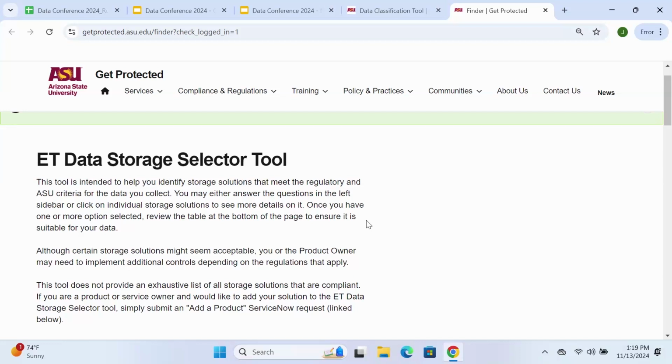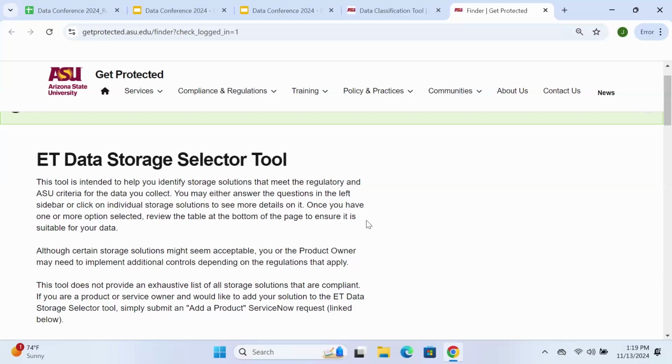And this data storage selector tool is here to tell you what storage solutions meet the regulatory requirements for the data that you collect. So what does that mean in layman's terms? There's a whole bunch of laws that Ben just went through, and all of those laws have certain technical requirements. And that technical requirement might be, hey, you have to have a password.